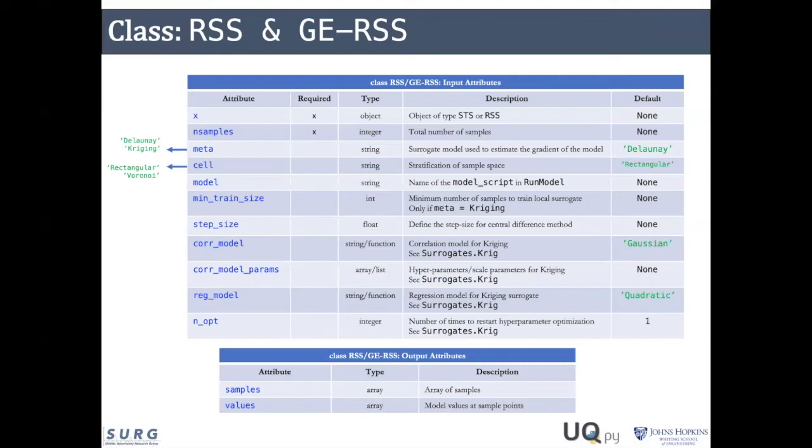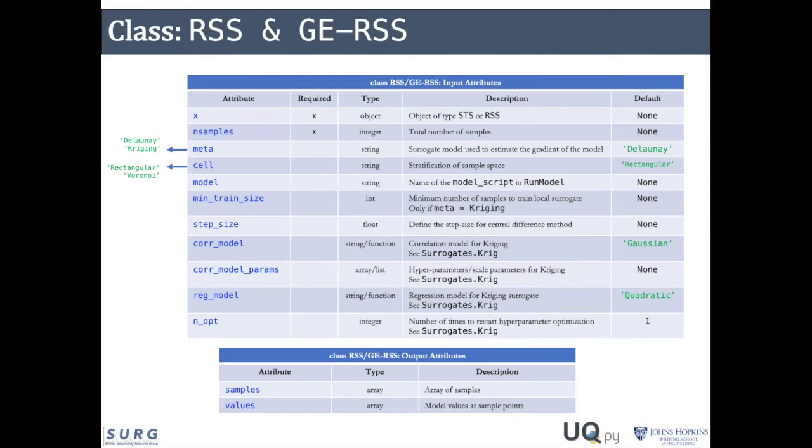Right now it only works if we are sending a Python model, but if we try to use third-party software, then the RSS class will not work as of now. And minimum train size should be an integer, and basically while finding the gradient, when we are defining a surrogate, it's the minimum number of samples to update the surrogate locally.